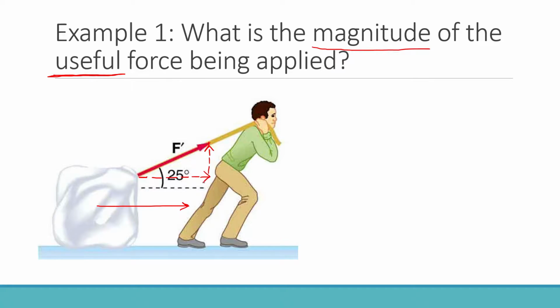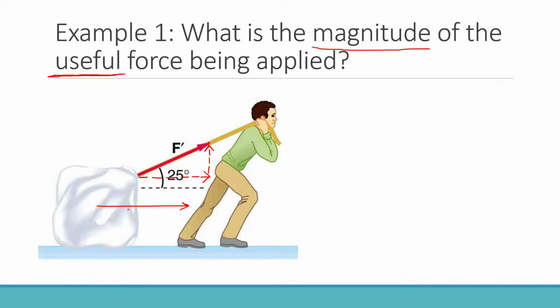We did this a lot last week. Since this force is acting at an angle and has two components, one of these components is going to be more useful than the other when determining how fast he's pulling this block.